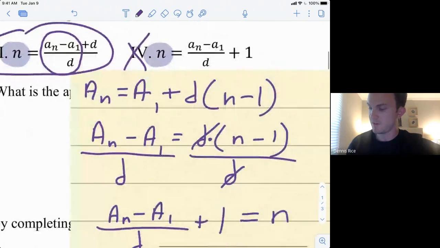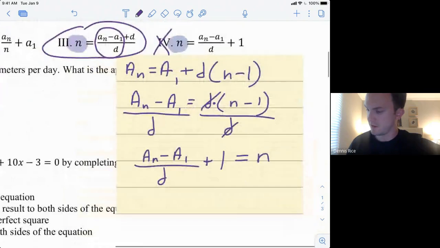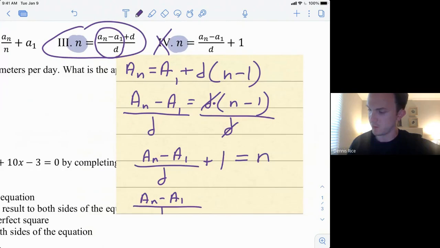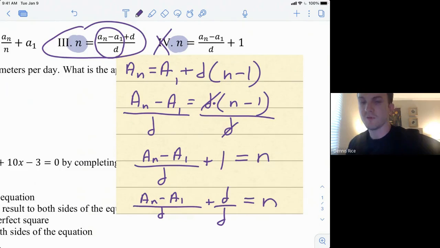However, if we separate it, I'm going to rewrite D a little bit separate, and hopefully this will make sense. This is a difficult one to explain. I'm separating it like such. In other words, D over D, they have a common denominator. At some point, these got added together. Do we see how Roman numeral 3 and Roman numeral 4 are actually saying the same thing?